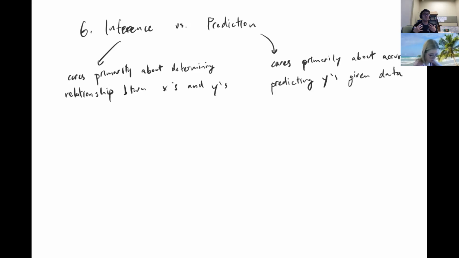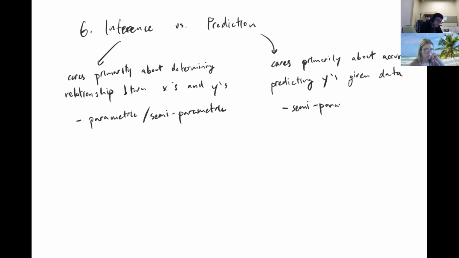And that drives a lot of the fundamental decision making behind the modeling choices. So for example, inference tends to be parametric or semi-parametric, whereas prediction tends to be semi-parametric or non-parametric.